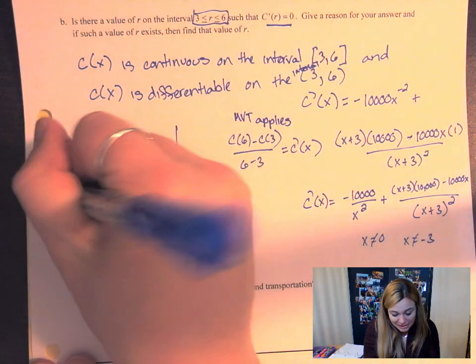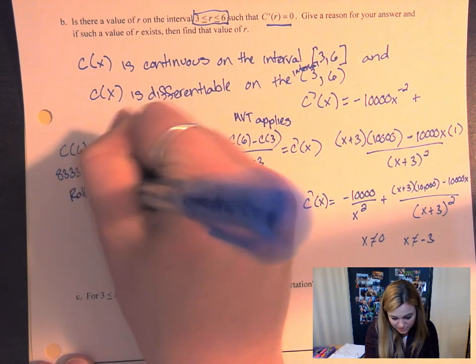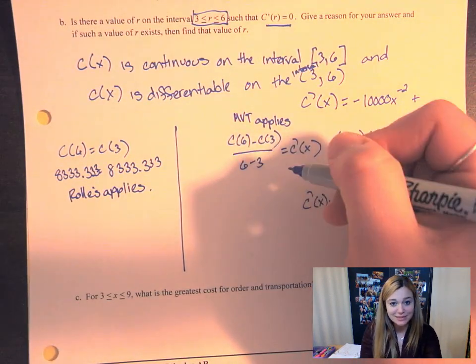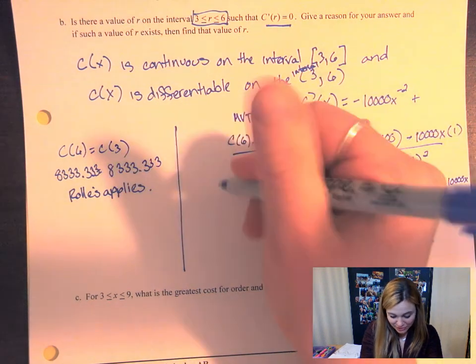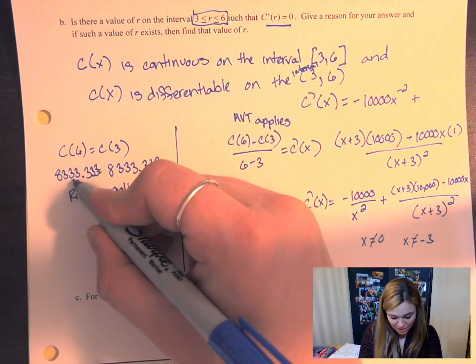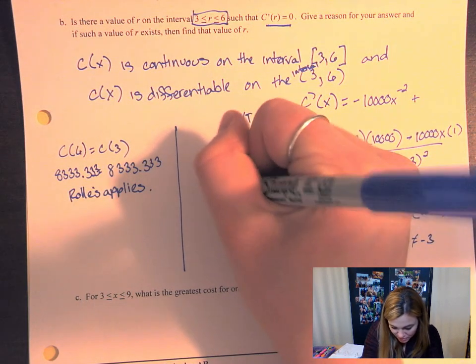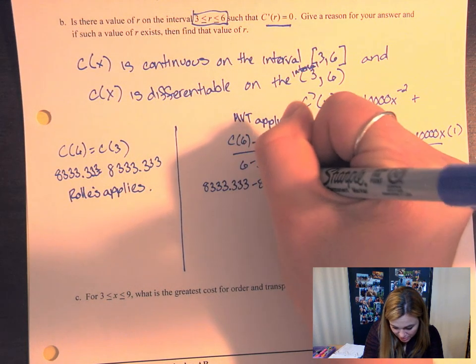So when I see this, I can say Rolle's applies. In this one, MVT applies. So in this one, c of 6 minus c of 3, we just said that this was 83.333 over this, right? So 0.333 minus the same thing.